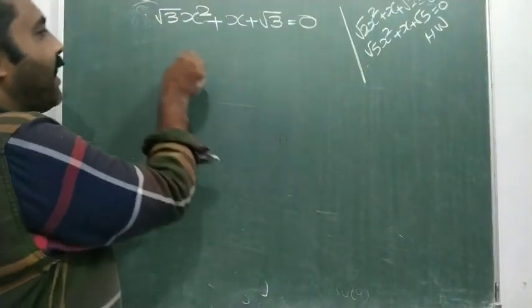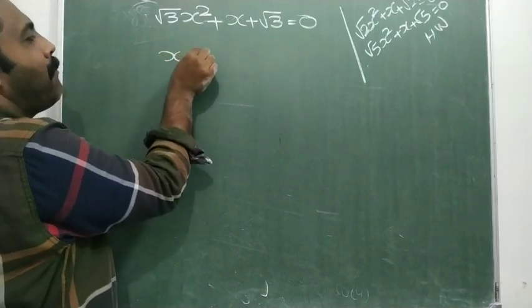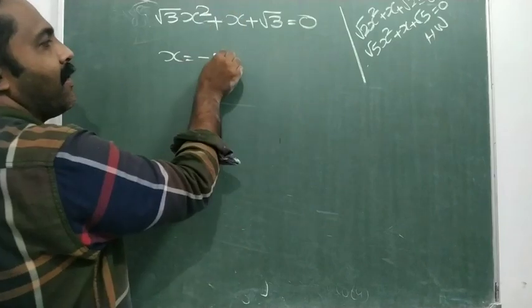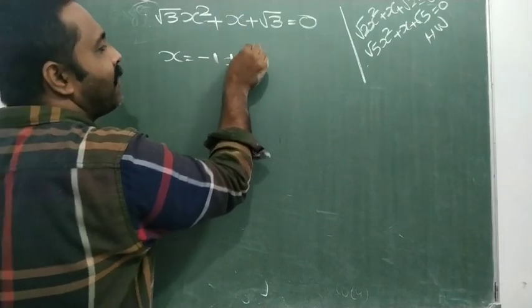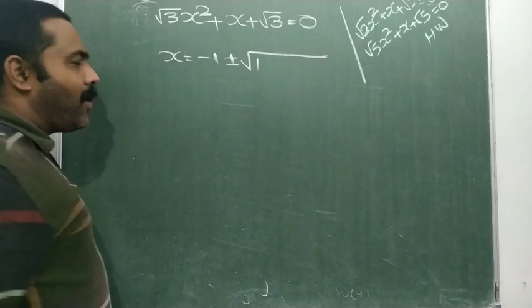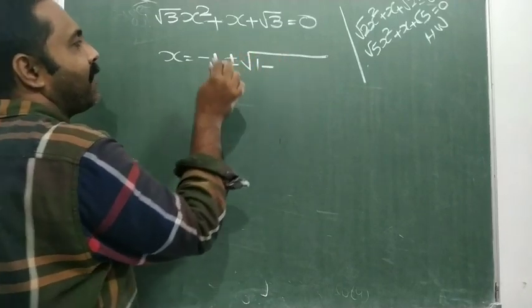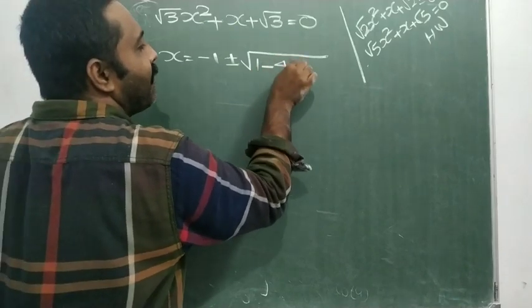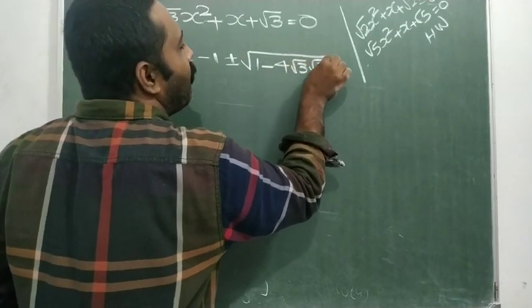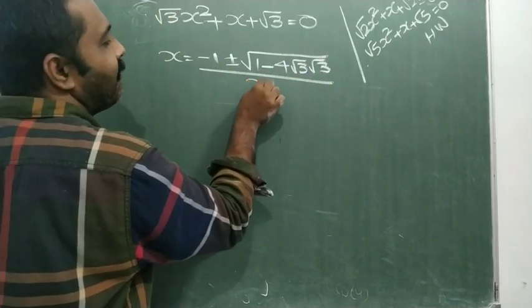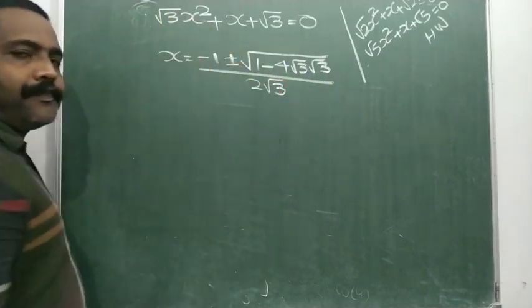That is x is equal to minus b, b is 1, sorry. Plus or minus root of b square, 1 square is 1, minus 4ac, which is 4 into root 3 into root 3, by 2a, which is 2 root 3.